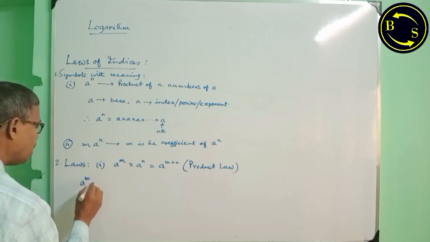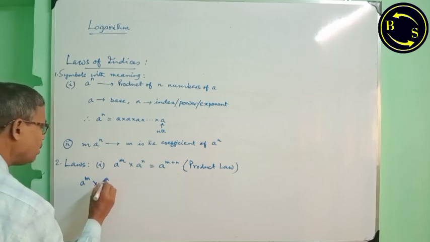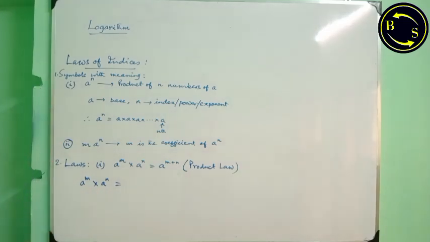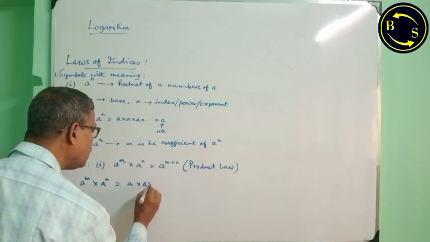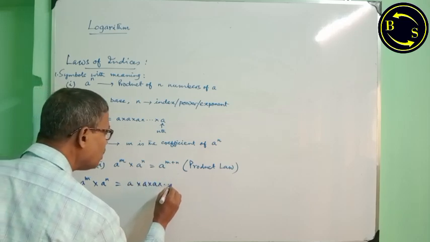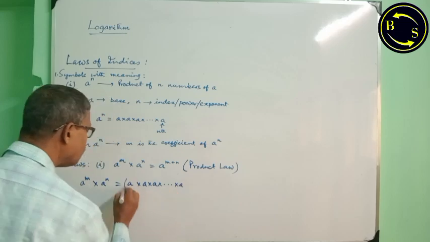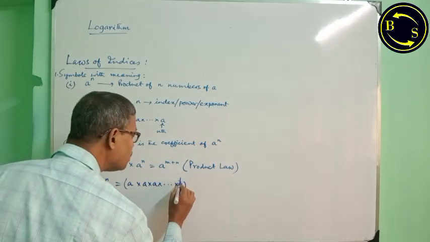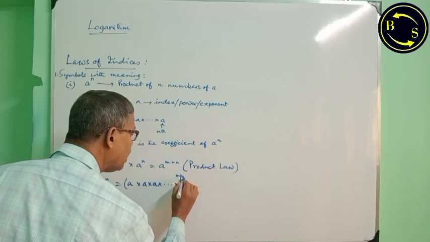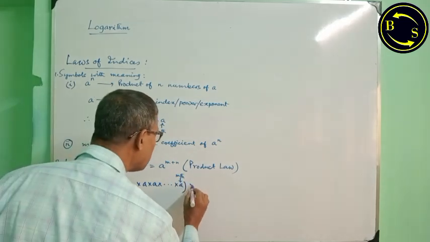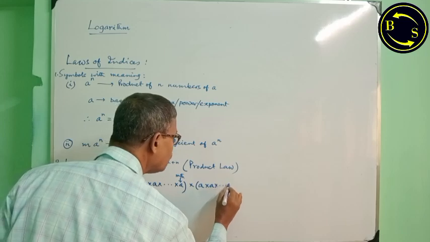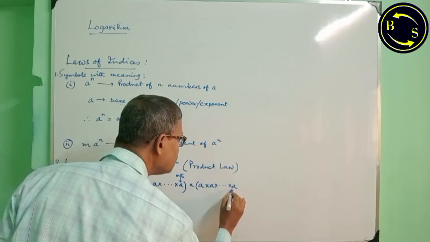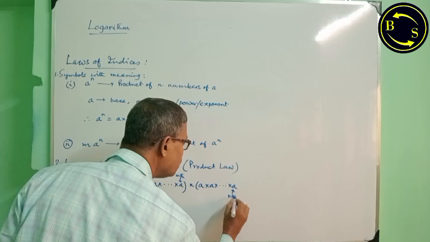A to the power m, already I have discussed, this is A into A into A into A, this is mth A. Then A to the power n means A into A into A, this is nth A.